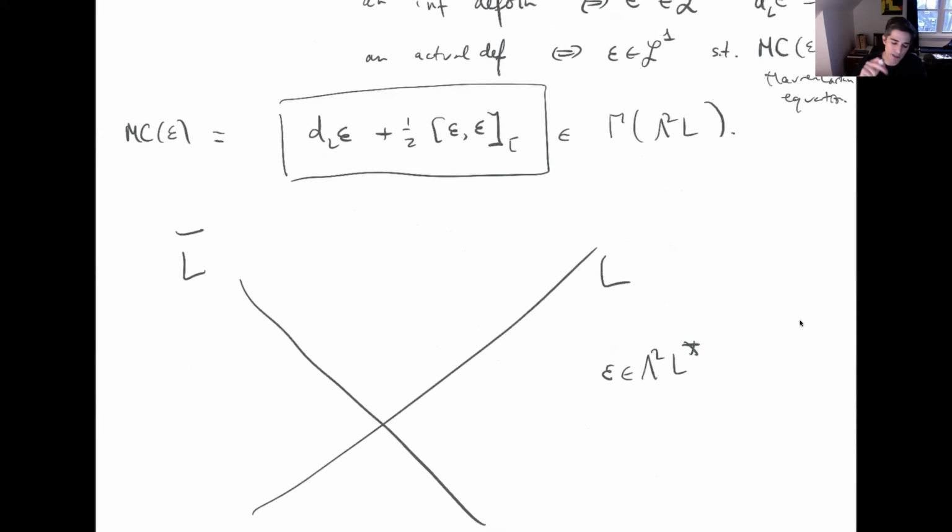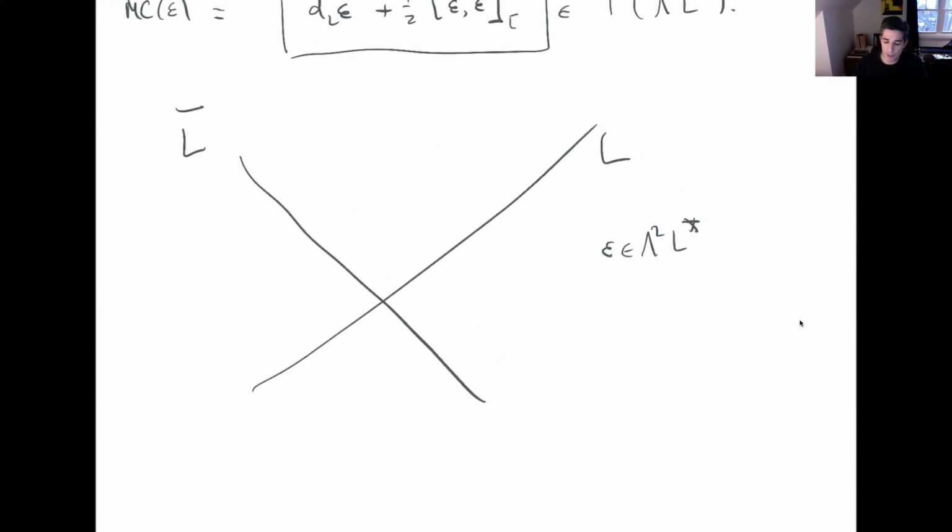And then if I apply d to it, it'll be in wedge 3 L star. But if we have a deformation in wedge 2 L star, this can be viewed as a map from L to L star. Epsilon defines a map from L to L star, which takes something and hooks it into epsilon.